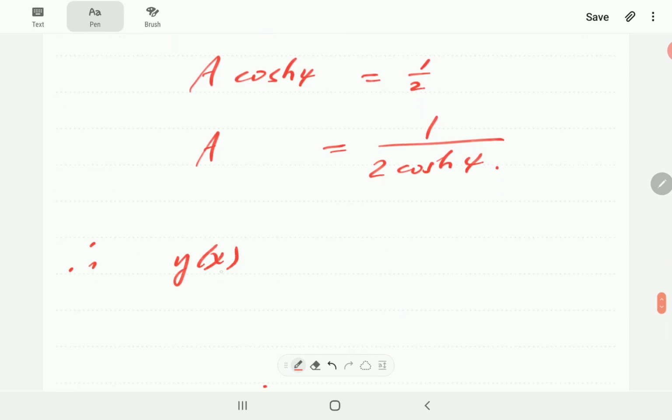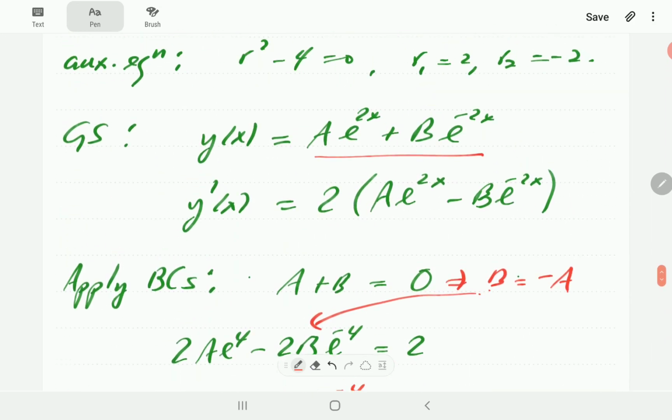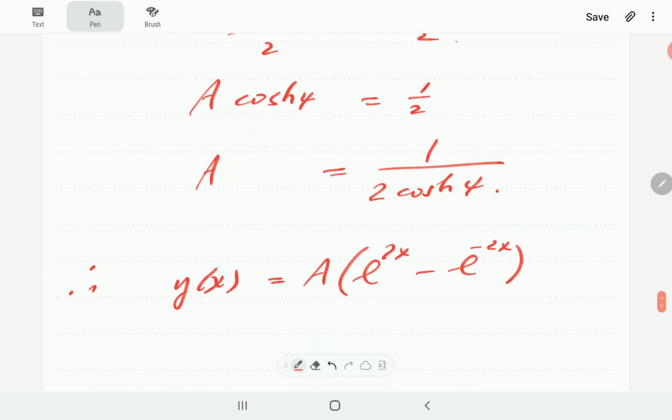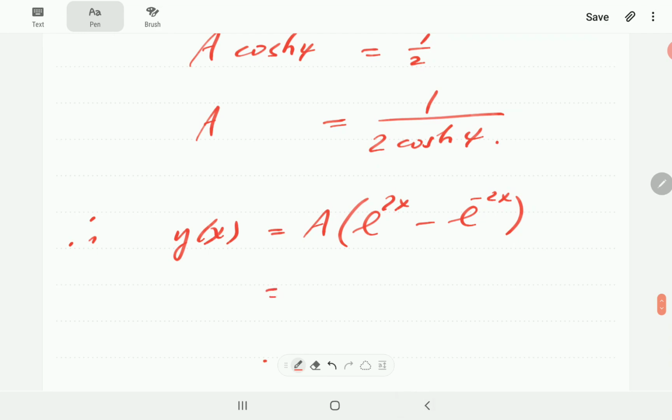So y of x is going to be A times e to the 2x minus e to the minus 2x, because B is negative A. So that becomes negative A. And then we've just said A is 1 over 2 hyperbolic cosine 4, e to the 2x minus e to the minus 2x.